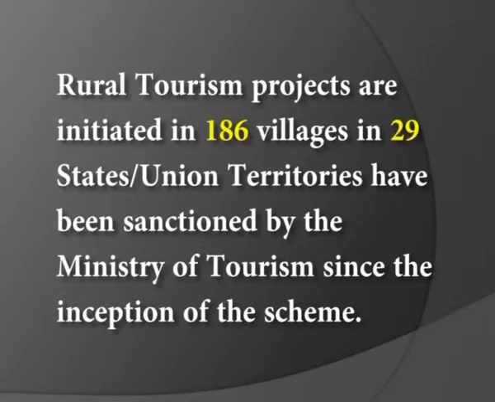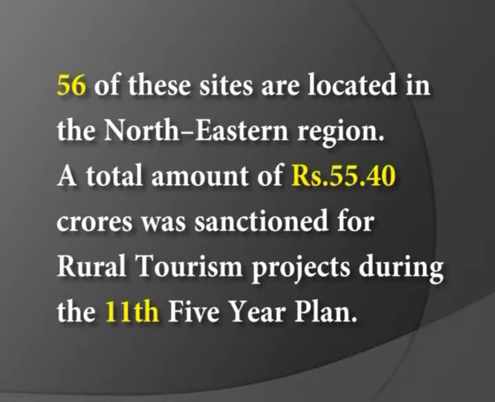Rural tourism projects in 186 villages in 29 states or union territories have been sanctioned by the Ministry of Tourism since the inception of the scheme. 56 of these sites are located in the northeastern region.